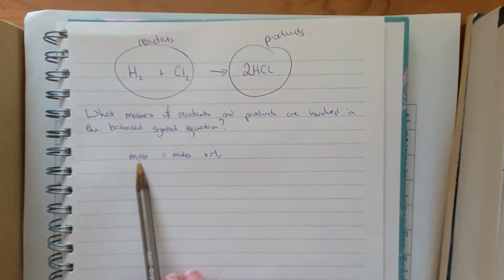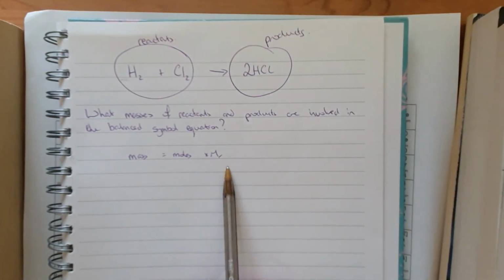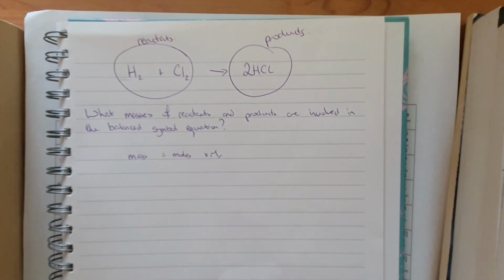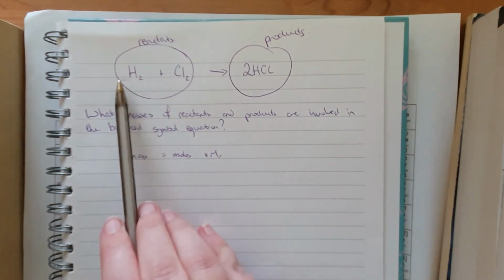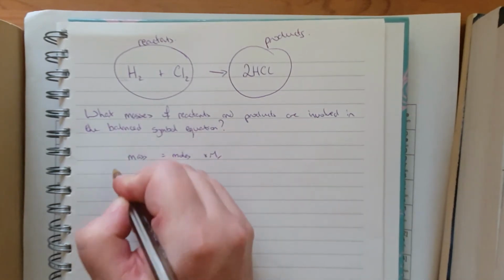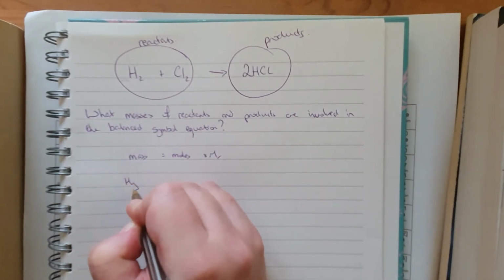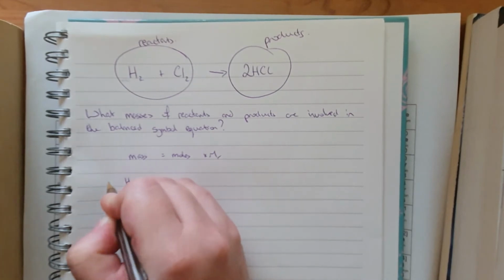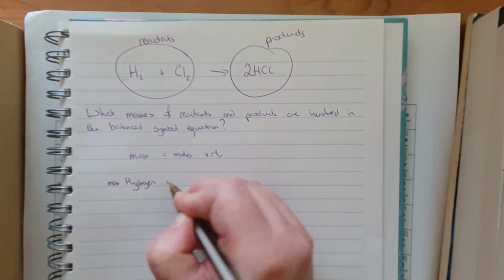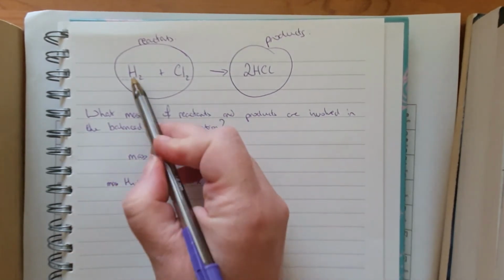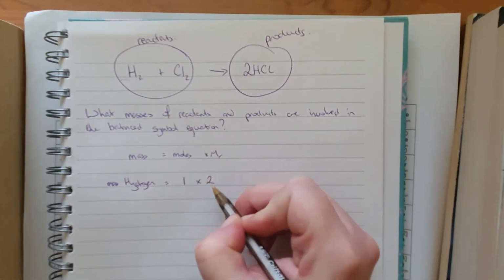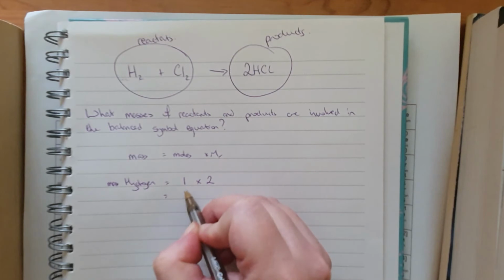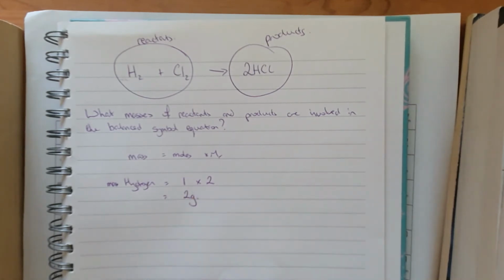I can use the equation mass equals moles times MR that we just did. So, how many moles of hydrogen are there? Well, there's 1. So for hydrogen, it'll be 1 times the MR for hydrogen, and the MR for hydrogen is 2. So 1 times 2 is 2 grams.